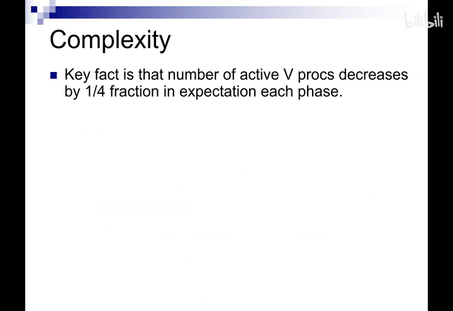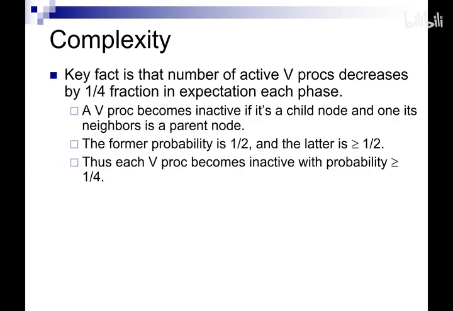Now let's look at the running time of this algorithm. The key fact is that the number of active vertex processes is going to decrease by at least a quarter in expectation in each phase.